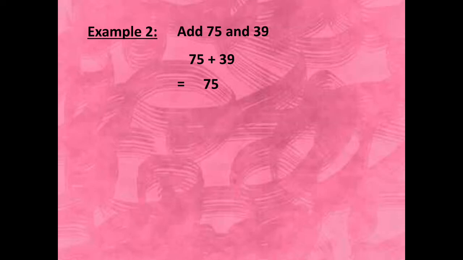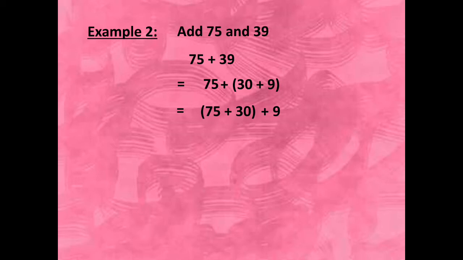Then we will split 39 into tens first, that is 30 plus what is the remaining number? 9. So 30 plus 9. Now we will change the order by taking tens together, that is 75 and 30, and we will put them into one bracket, that is 75 plus 30, and we will take the other number, that is 9.